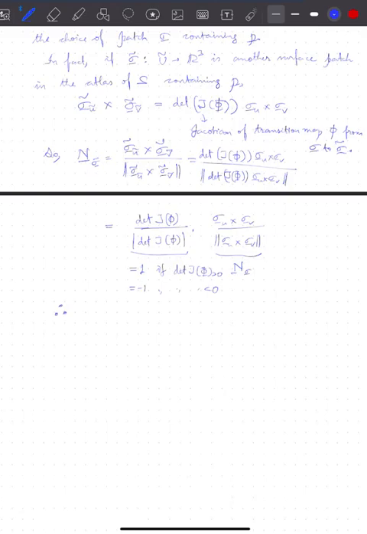So which means that therefore the sign, so remember that this implies that n sigma.